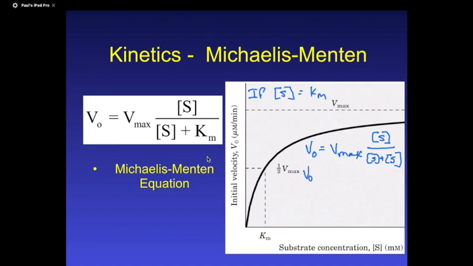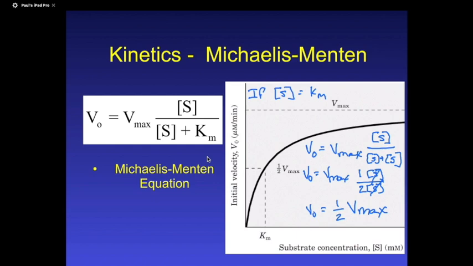One substrate on the top, two substrates on the bottom. Substrates cancel out. The velocity is 1/2 Vmax. So mathematically, if the numerical value of substrate is equal to the rate constant, then I get 1/2 Vmax.